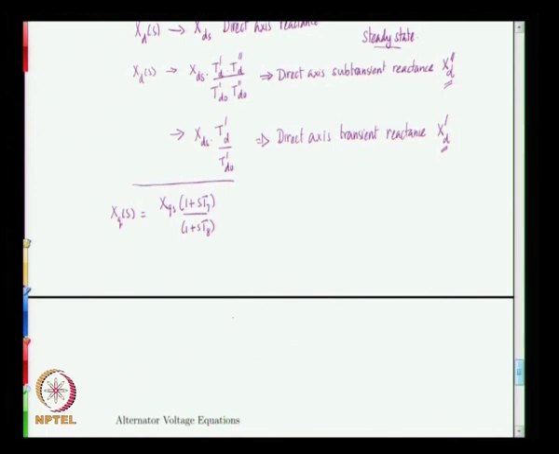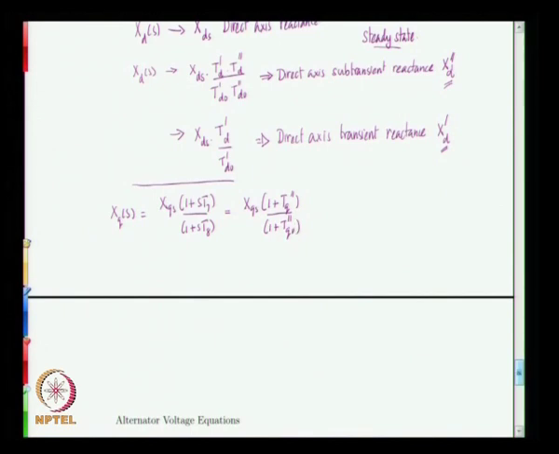Now as before we can redesignate this as xqs multiplied by 1 plus stq double dash divided by 1 plus t double dash q o.